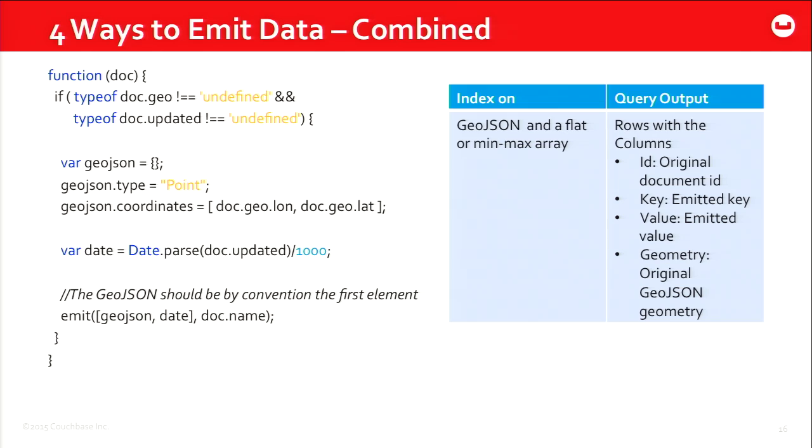You can have an array which has the geo information at the first position, and all the other positions could be the other dimensions. It will automatically find out that there was a GeoJSON object as part of the array. So what you get then is, again, this geometry information in your query result. I will answer questions afterwards, okay?